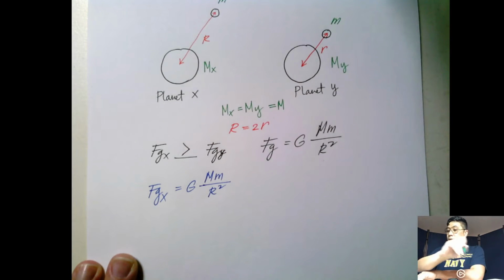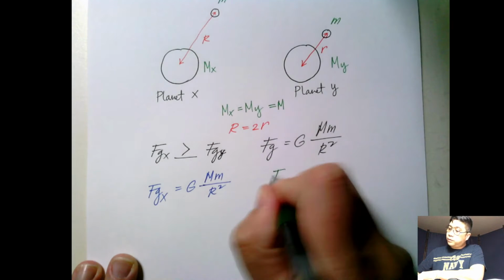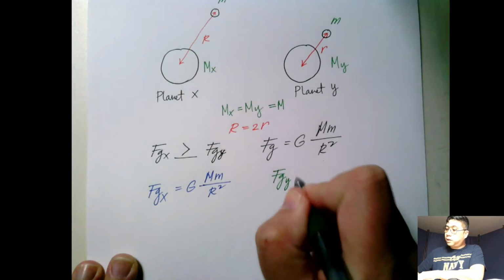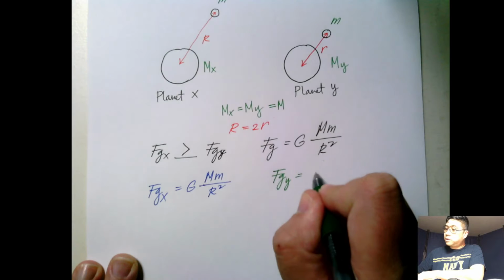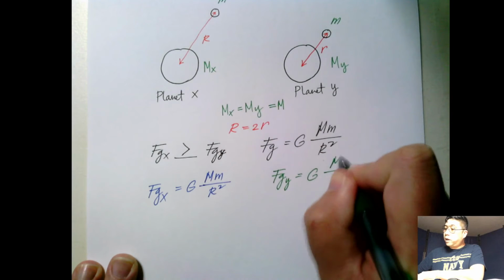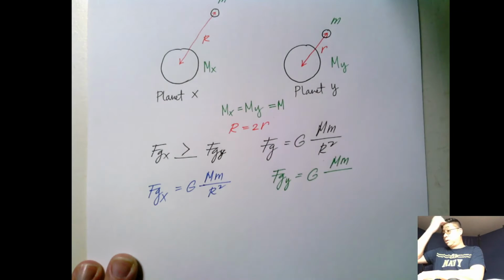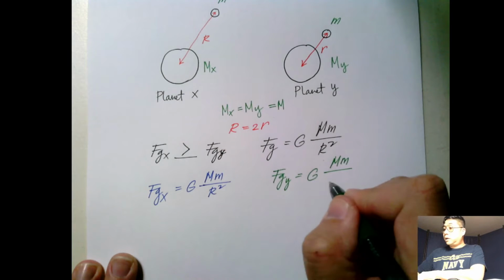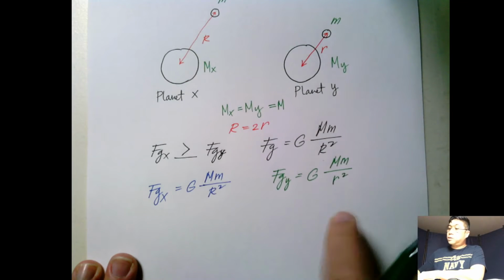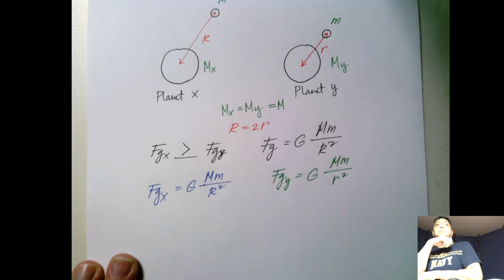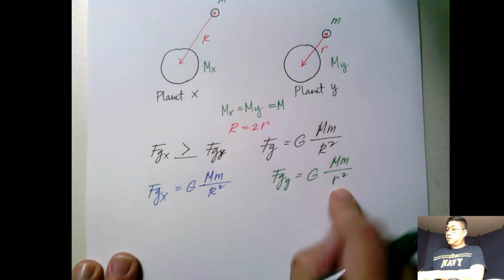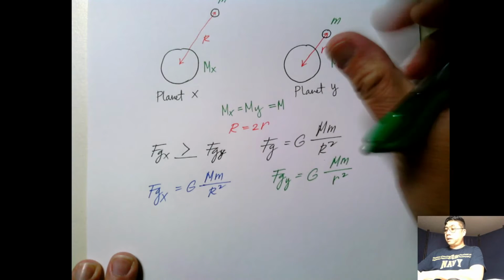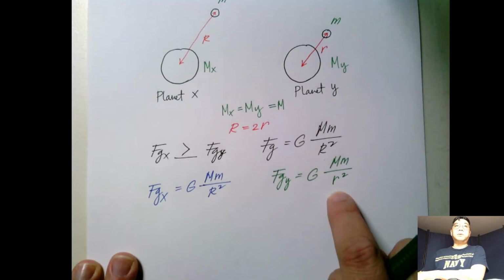The other force of gravity can be calculated using the same equation, G M m divided by the square of its displacement, or the distance between the satellite and the planet, which in our case is lowercase r.